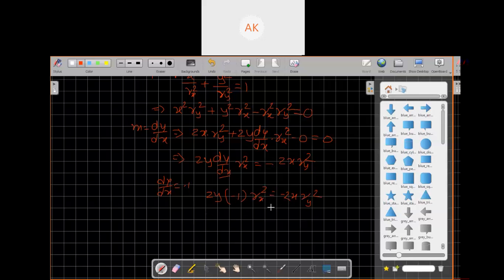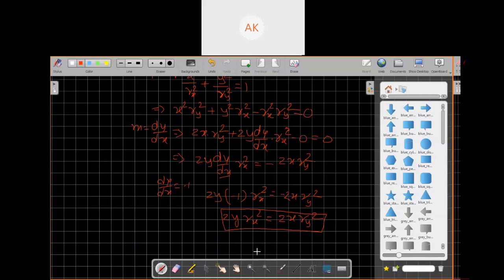You can cancel out the minus minus, so the ultimate equation is 2y rx square equals to 2x ry square, which is the condition where the two regions meet, the intermediate point of the two regions.